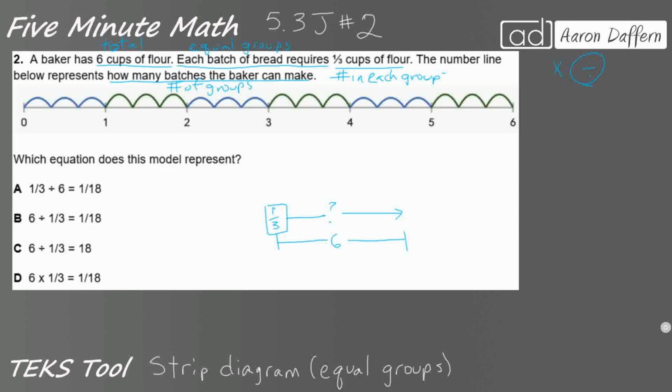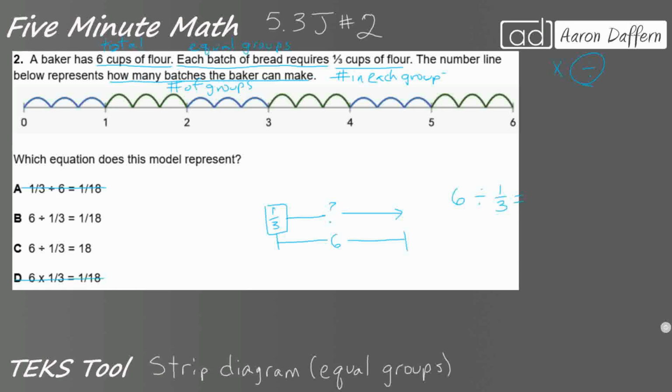What you do is you just put the number in each group in a little square and then an arrow across, and it shows you have 1/3 and you just don't know how many thirds it takes to get up to 6. So then we could say 6 divided by 1/3 equals.